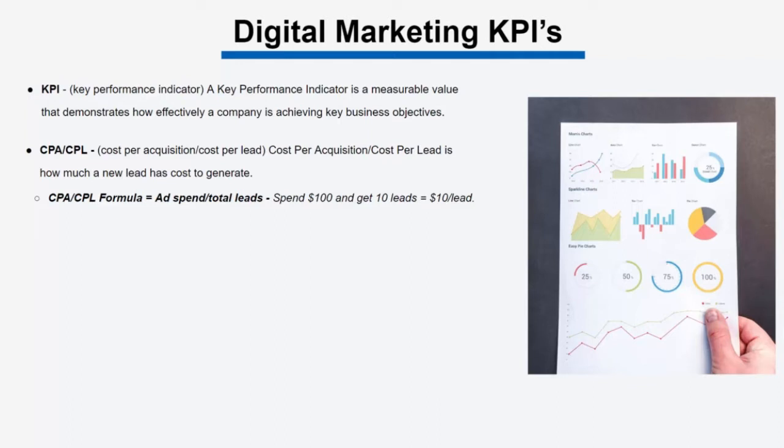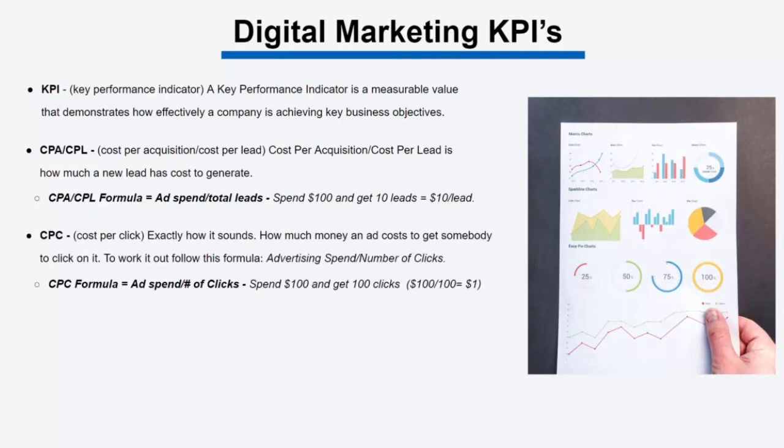So here's an example. If we spend $100 and we get 10 leads, that equals $10 per lead. So $10 per lead is going to be our cost per acquisition, cost per lead. So for every lead that we get in, we know that it's costing us $10 because we spent $100 and we got 10 leads.